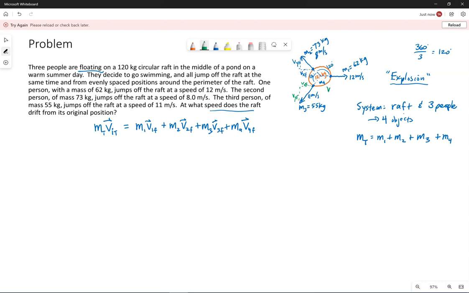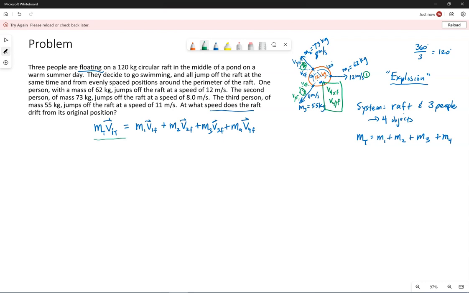So we're going to be looking for V4x final and V4y final. This is what we're going to look for. So this one's 2, this one's 3, this one's 1. Object 4 is the raft, and that's what we'll look for.